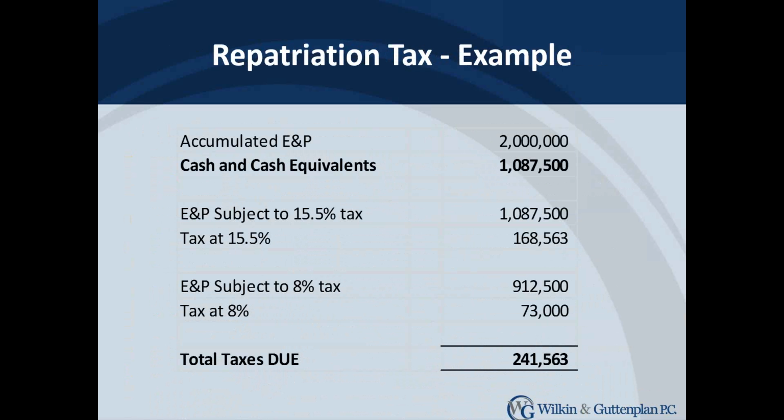And then we've also calculated via detailed calculations the cash and cash equivalents of the same specified foreign corporation at $1,087,500. So first step is we subject the $1,087,500 to the 15.5% tax rate.